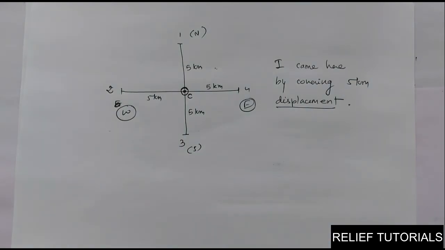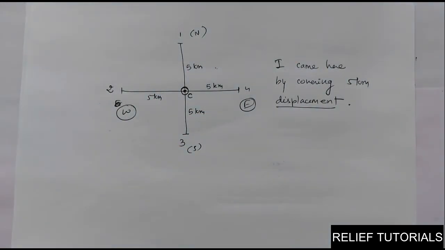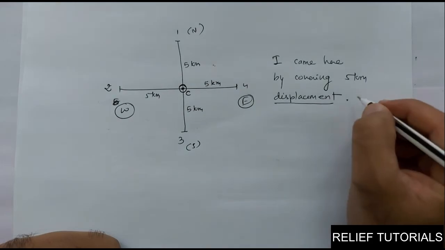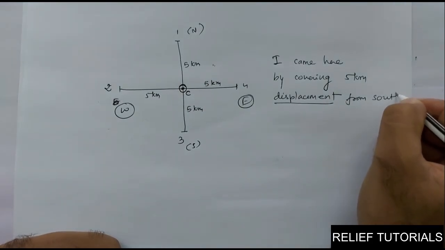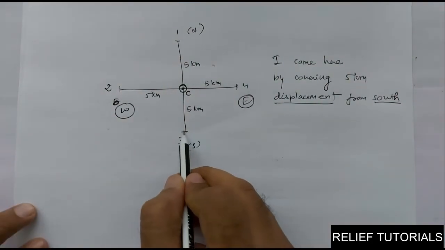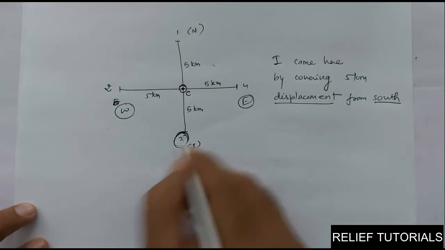So there are 4 different points possible, point 1, point 2, point 3 and point 4. Then how can you decide from where I am coming? I am coming from 1, 2, 3 or 4. But if I give the statement like this, that I came here by covering 5 kilometer displacement from south, then now you get the complete sense that I came to class from point number 3.